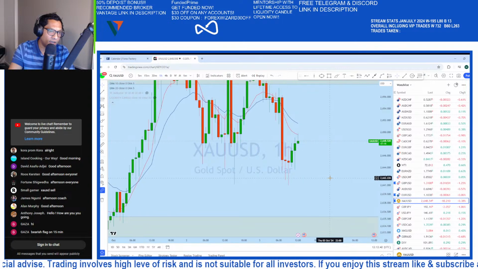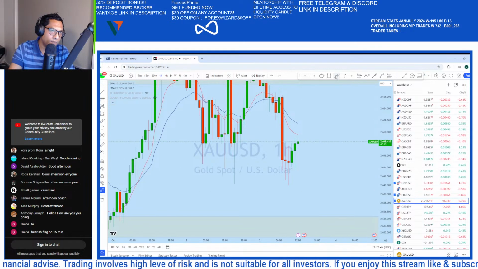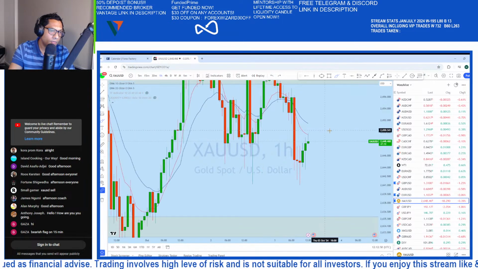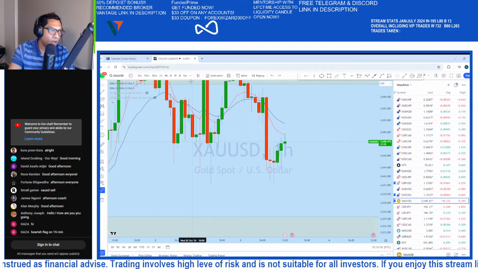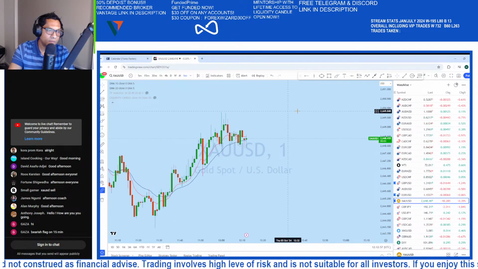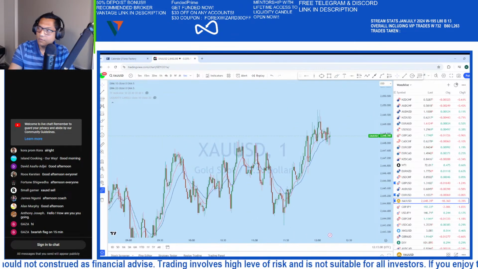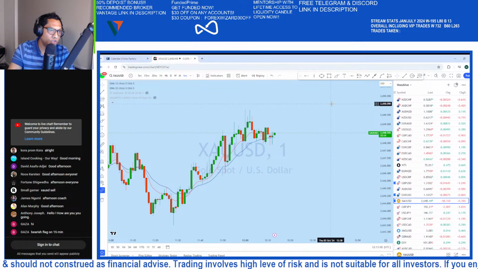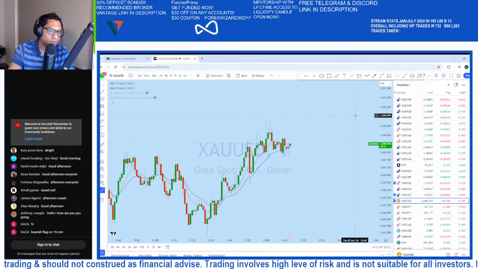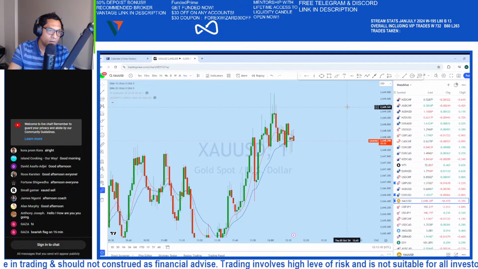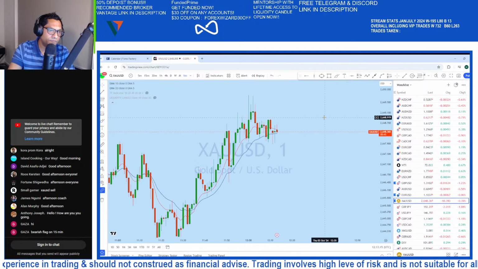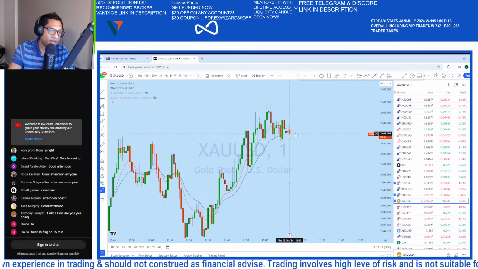This is the 1 hour chart, guys. You can see there's a 1 hour bullish middleman here. Because of that, we may see in that area back-to-back 2 dojis here.